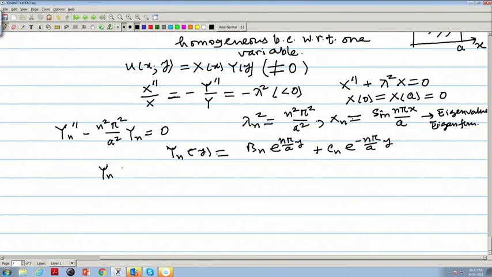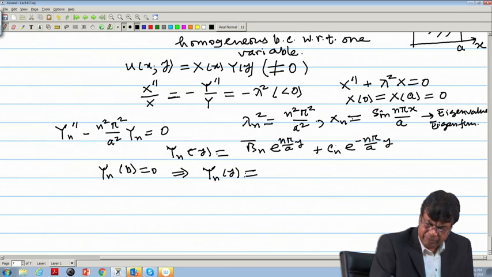So y n b is 0. This implies I get a relation between Bn and Cn. So using this I can write capital Y n y as some constant, say let us call Bn bar and Cn bar.